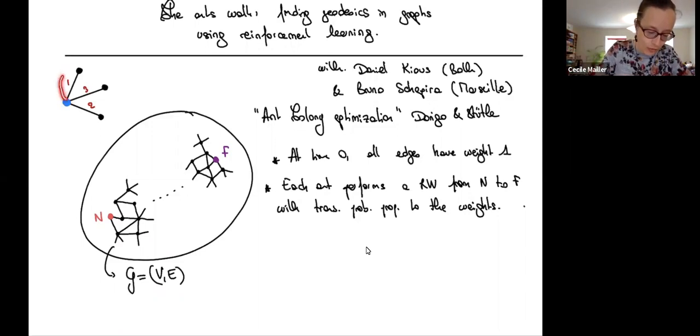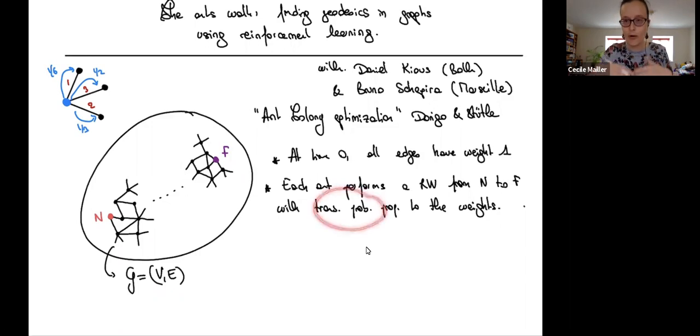It's going to cross this edge with probability proportional to 1, this edge with probability proportional to 3, and this edge with probability proportional to 2. So in the end, it's going to go here with probability 1/6, here with probability 1/2, and here with probability 1/3. So this describes the transition probabilities of the random walk performed by each ant.